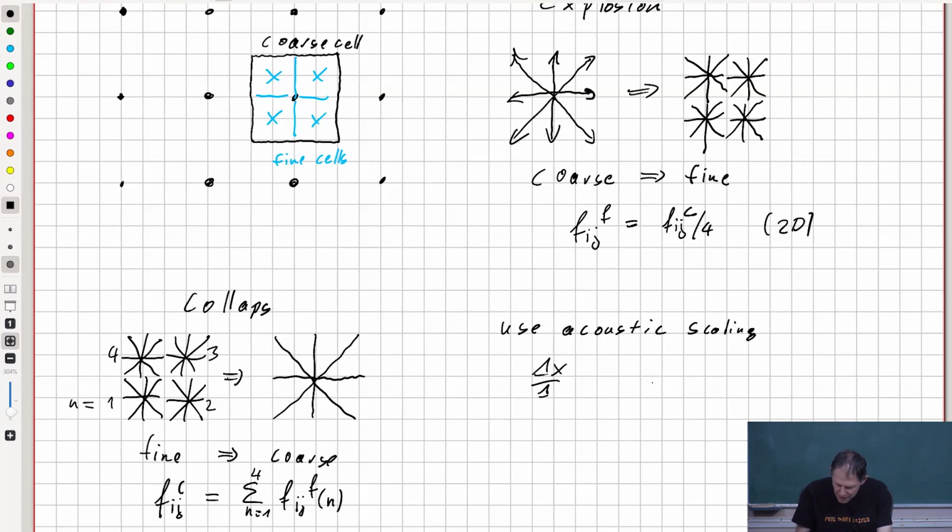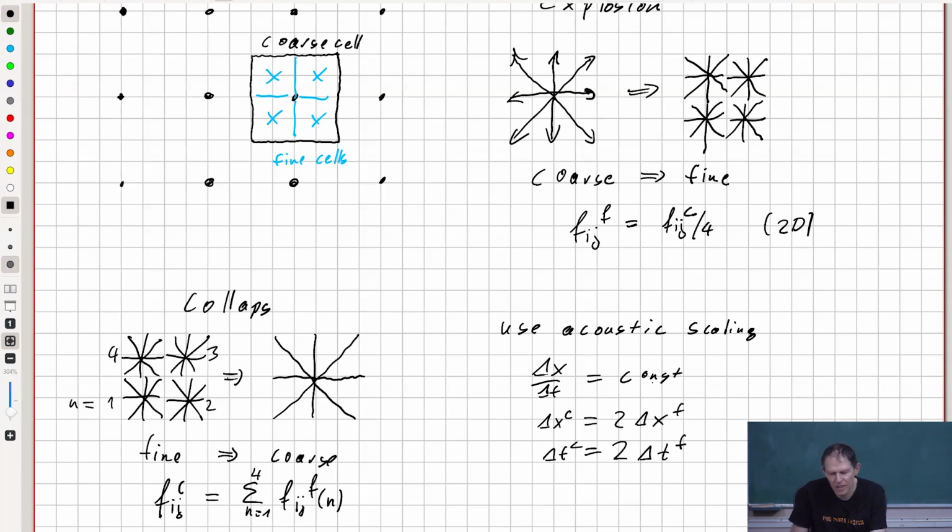Delta x by delta t is assumed to be constant. So delta x coarse would be 2 times delta x fine, and delta t coarse is equal to 2 delta t fine. So this is acoustic scaling.